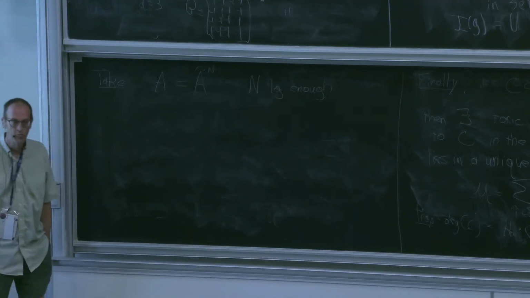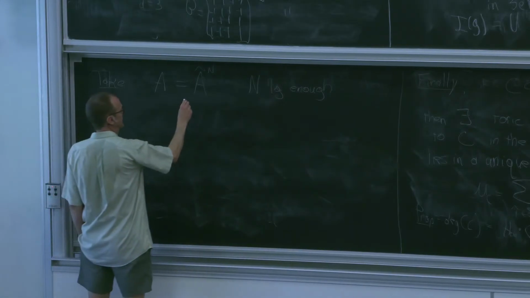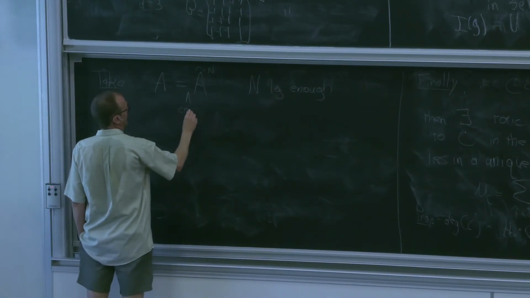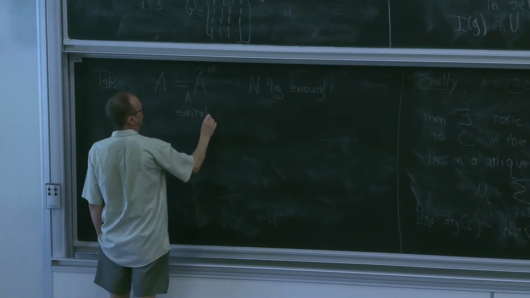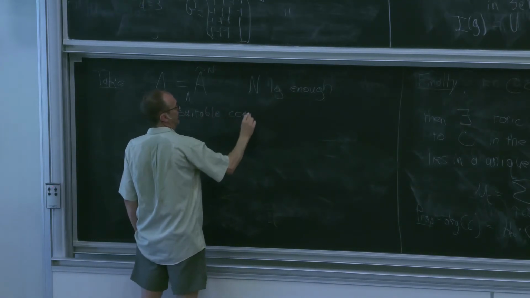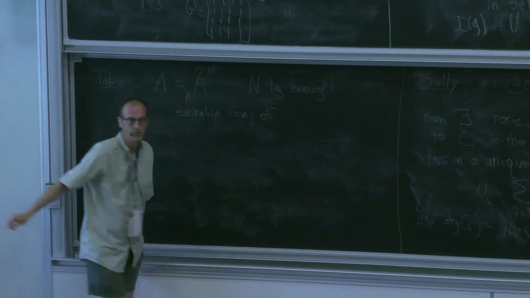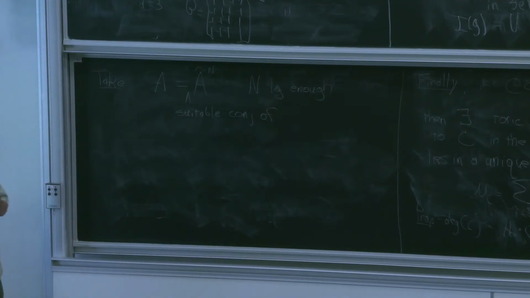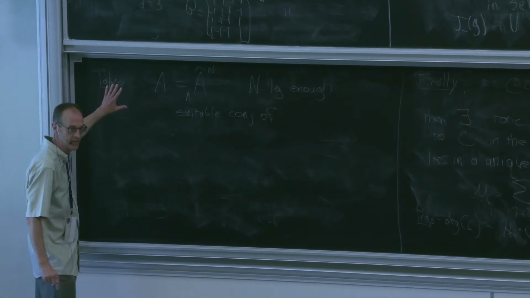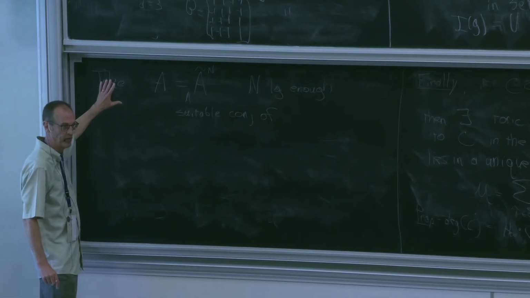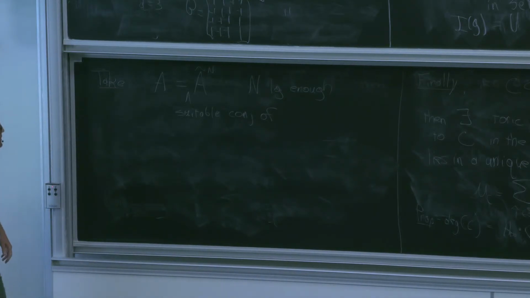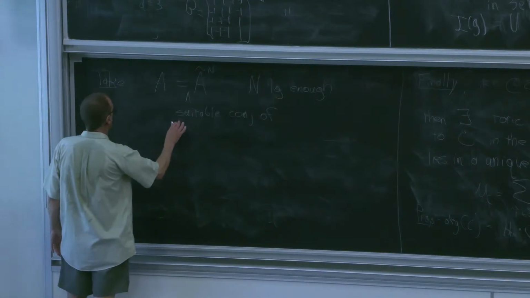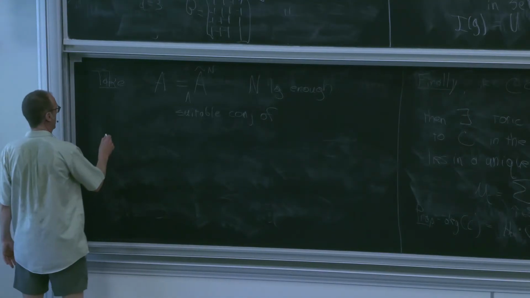And if I'm being completely honest, I should add the words suitable conjugate of. Okay, which this last thing is very annoying and accounts for about a third of the BDJK paper, all right? But we can ignore it for the moment, okay?